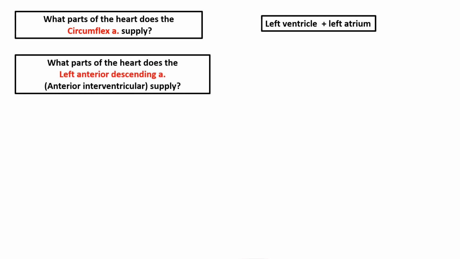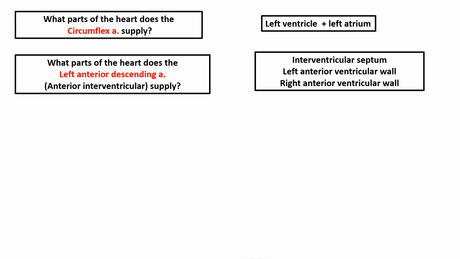What parts of the heart does the left anterior descending artery supply? As we have seen, it is going to supply the right ventricle, the left ventricle, and the interventricular septum.